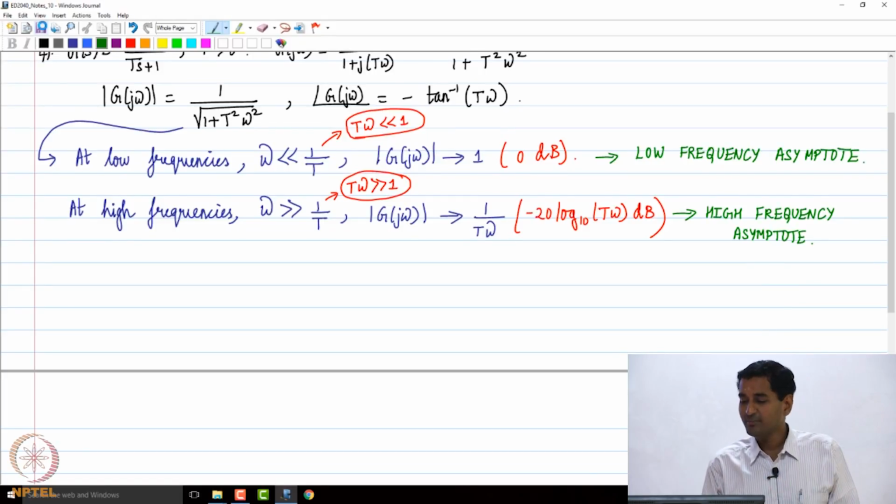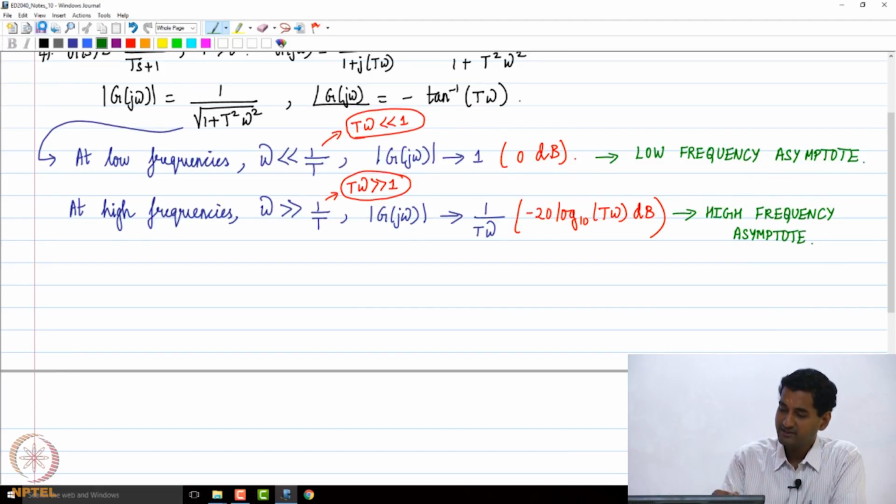And why did I choose capital T and 1 by capital T here? Please remember, for a first order factor 1 by Ts plus 1, with capital T greater than 0, the physical significance of capital T is that it is the time constant of a first order system, right? So if you recall a transfer function of the form 1 by capital Ts plus 1, why did I consider 1 by capital T?